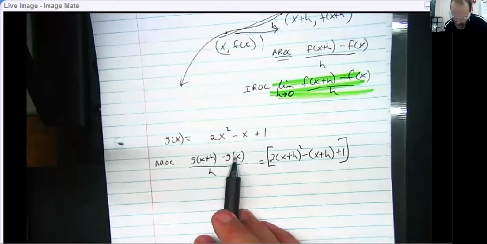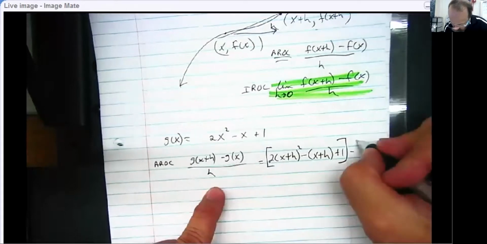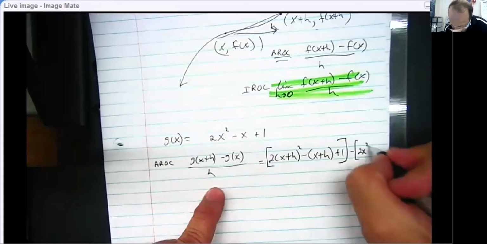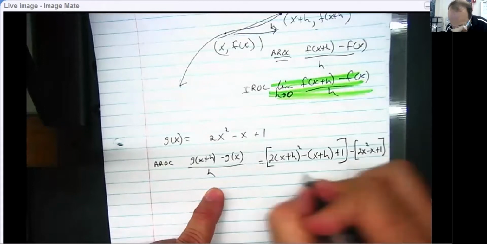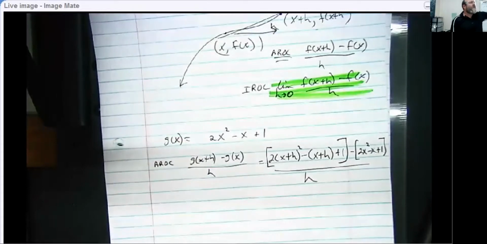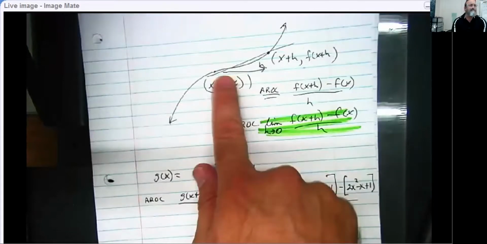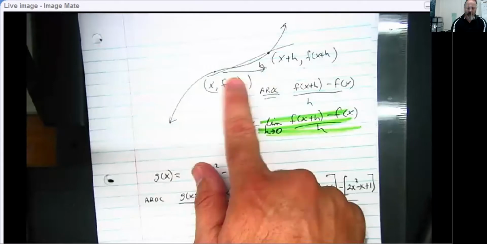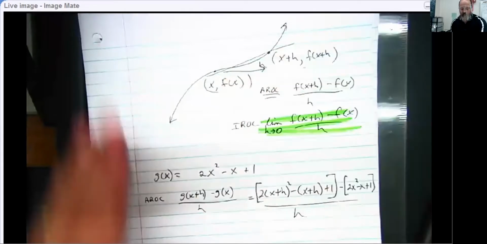Take that original function away. And why am I dividing by h? Well, you could say it's because the formula says so, but what is slope? Isn't it rise over run? And if you look at the picture that I had up here, what is this h right here? Isn't that the run? And the rise is just how different those things are.